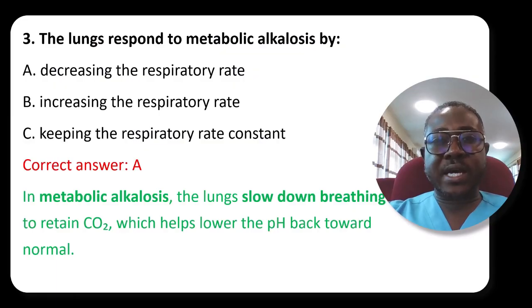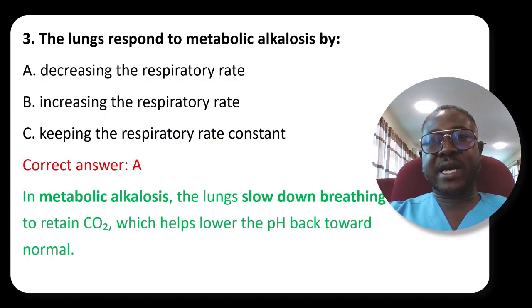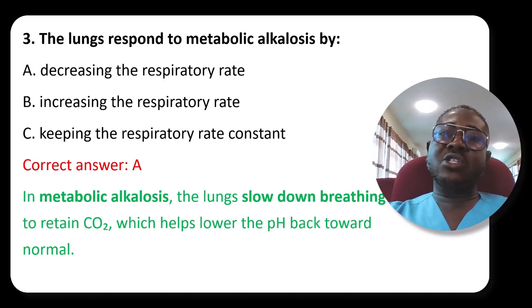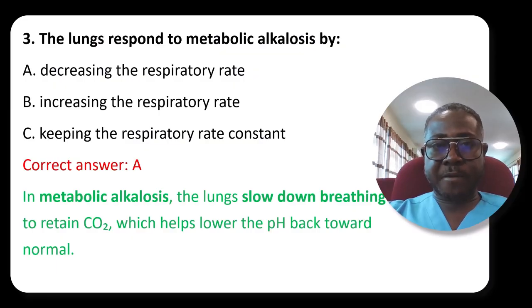So how will the lungs compensate? In metabolic alkalosis, the lungs slow down in order to retain carbon dioxide. When they retain carbon dioxide, they are increasing the acidity of the blood, or reducing the pH of the blood. All right, so let's move on to question number 4.